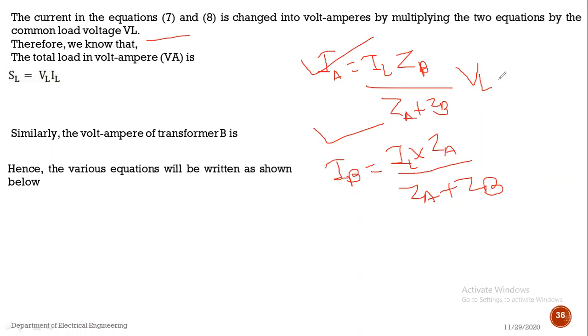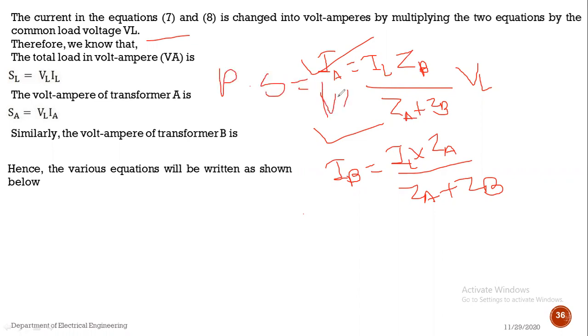So if we multiply this current equation by VL, we get the power shared by each transformer. The power equation, here represented as S, is nothing but V into I.